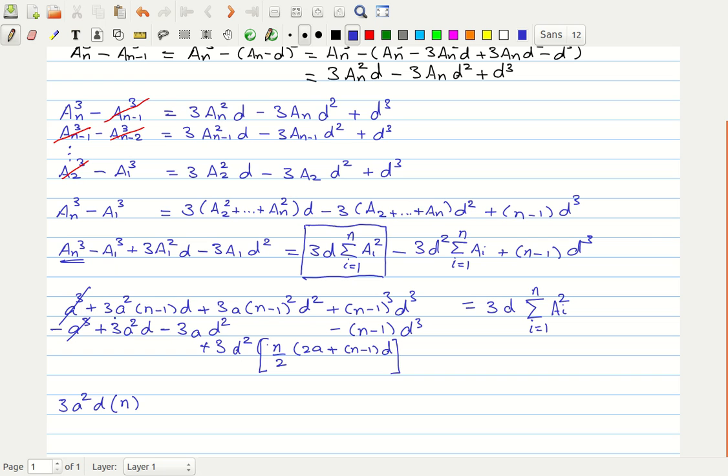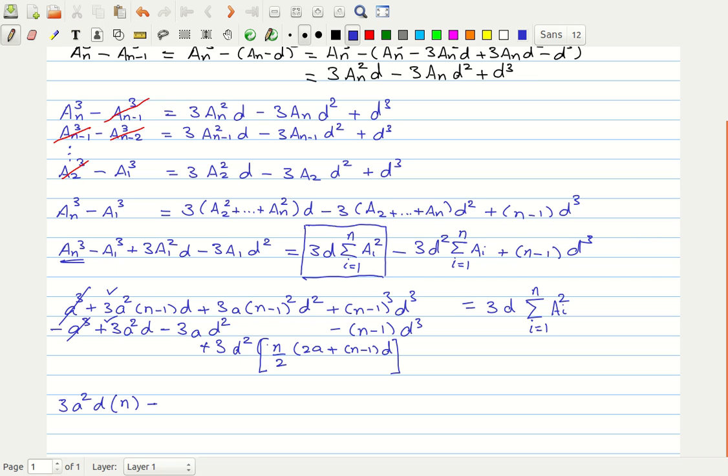So now we have handled this term and this term. Now let us handle this term. This is d square, so let us take 3 a d square as a common factor out.